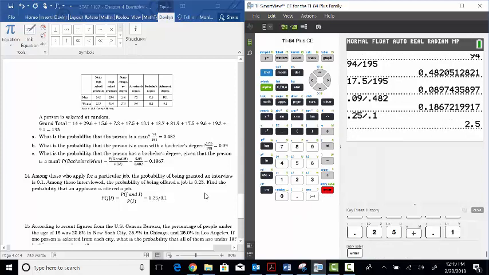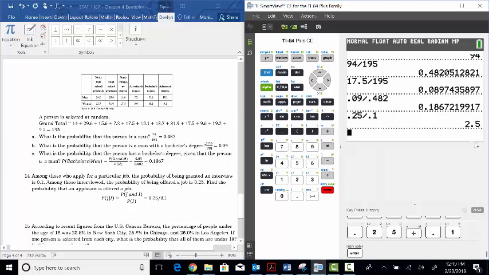Uh-oh, something's not right. Let's read this again. Among those who apply, the probability of being granted an interview is 0.1. Among those interviewed, the probability of being offered the job is 0.25. Alright, so yeah, we did this correctly, but we typed it in a little bit wrong.